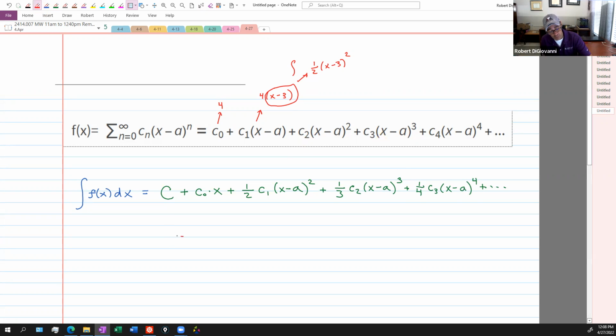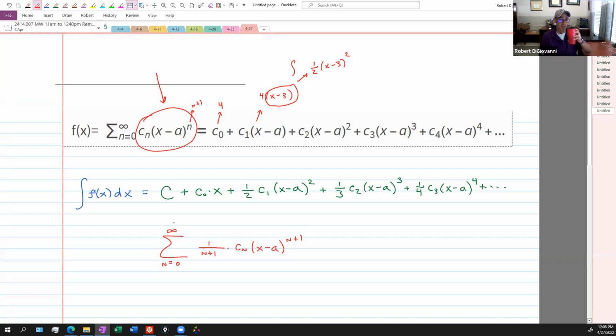Which is just what you would hope if I asked you to find the antiderivative of that right there. You're going to add 1 to n here, but you've got to divide through by that as well: 1/(n plus 1) times c sub n (x minus a) to the n plus 1, and n will still start at 0 here. There's no shifting of the index when you do an integral.